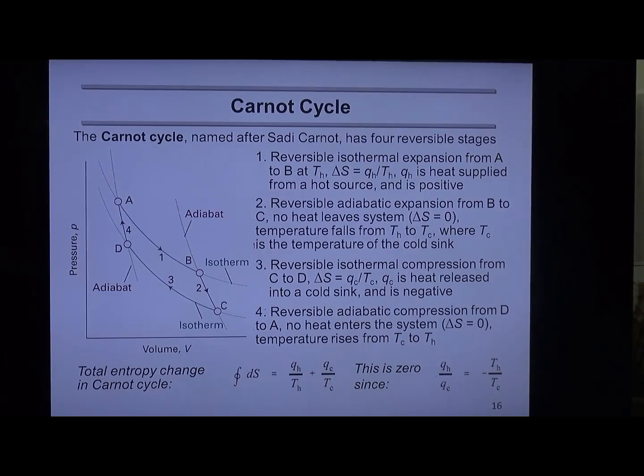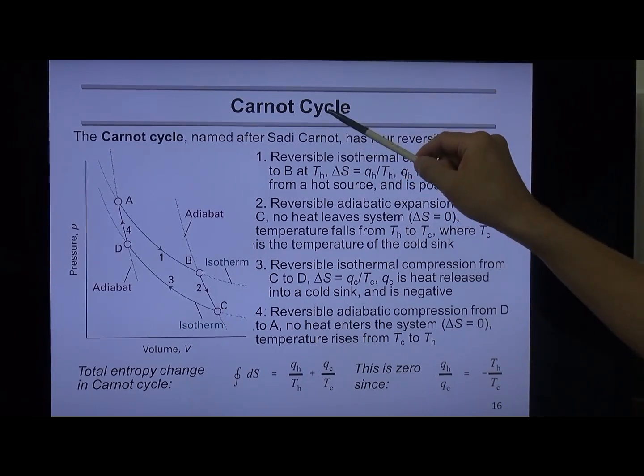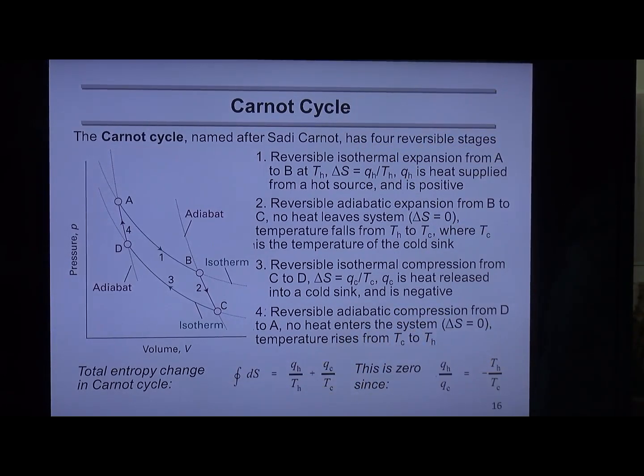Okay. So we got the first demonstration that entropy is a state function for a special cycle, the Carnot cycle, for a special substance, perfect gas, right? For perfect gas, for the Carnot cycle, delta S is 0 for a cyclic process, which means that entropy is a state function.